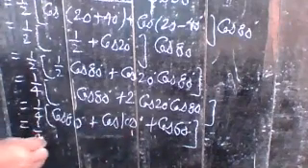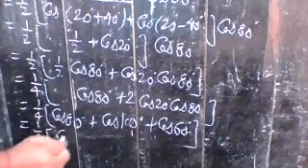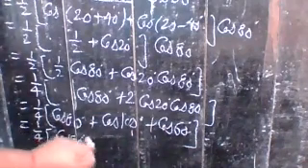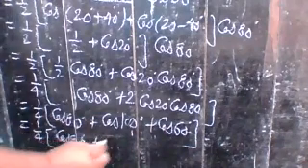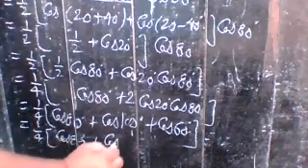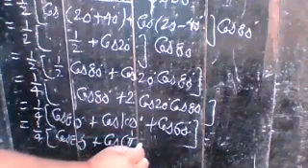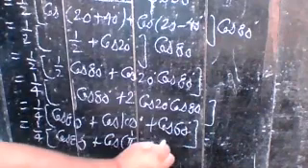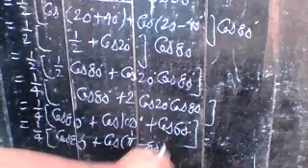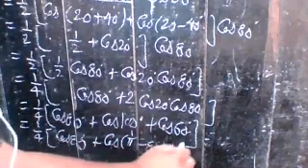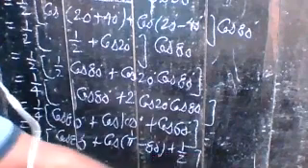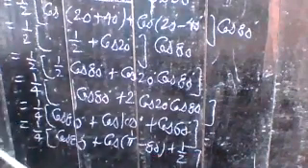So that is equal to 1 by 4 times cos 80 degree plus cos 100, which can be written as cos of pi minus 80 degree, plus the value of cos 60, which is 1 by 2.